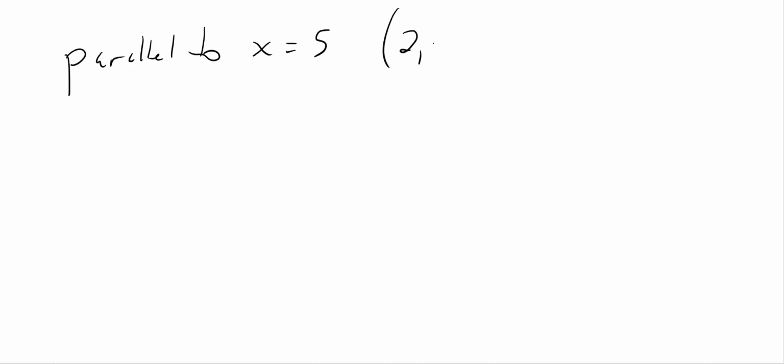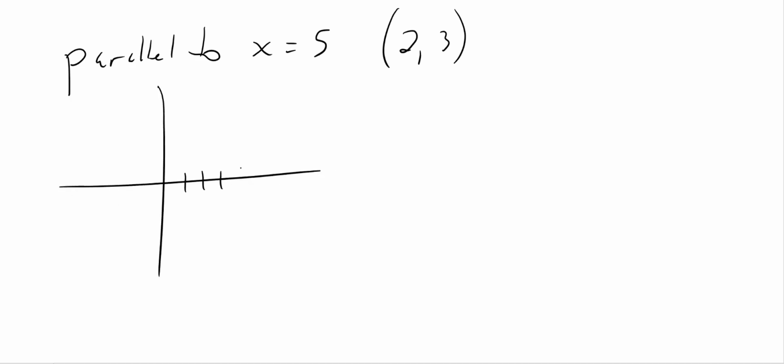If I give you a problem and I said parallel to x equals 5, and it goes to the point (2, 3). Now you need to remember, x equals 5 is a vertical line. 1, 2, 3, 4, 5. This is what x equals 5 looks like.